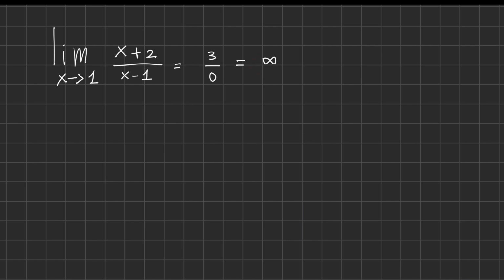Specifically, what do you have to do? Well, in all these situations, you have to remember that a limit is equal to something if the right limit and the left limit are the same. Which means that we have to compute both the limit as x goes to 1 from the right side, which is 1 plus, of x plus 2 divided by x minus 1, and the limit as x goes to 1 minus of the same quantity.